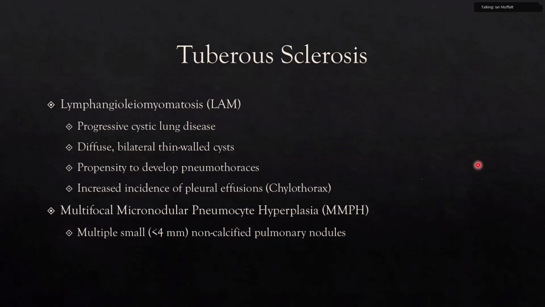Within the lungs, we see it on CTA carotid, perhaps. Lymphangioleiomyomatosis, or LAM, which is a progressive cystic lung disease, where they get diffuse bilateral thin-walled cysts and propensity to pneumothoraces and chylothoraces. This can coexist or be isolated from multifocal micronodular pneumocyte hyperplasia, which is multiple small non-calcified pulmonary nodules.